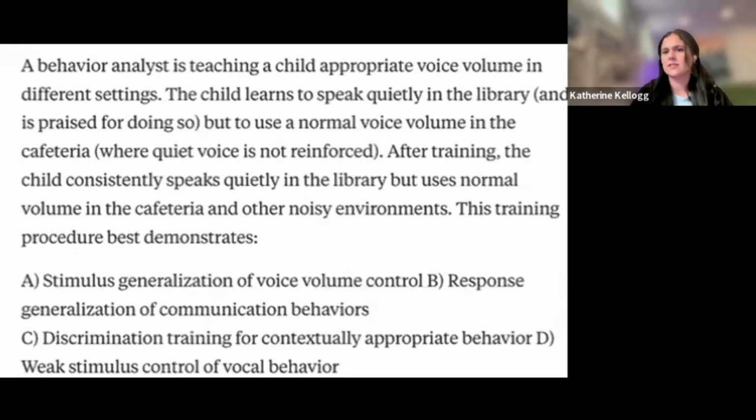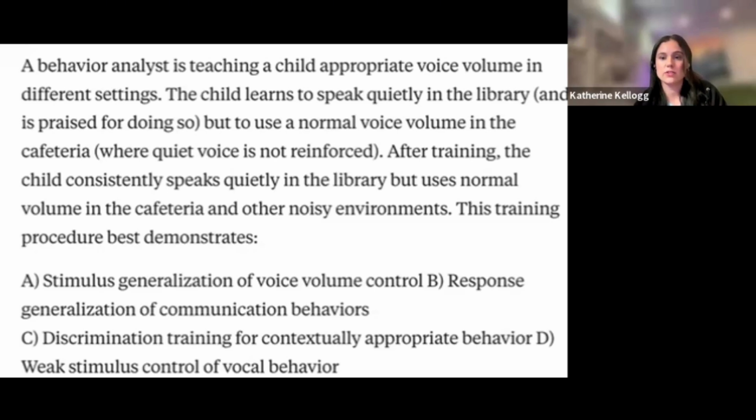A behavior analyst is teaching a child appropriate voice volume in different settings. The child learns to speak quietly in the library and is praised for doing so, but to use a normal voice volume in the cafeteria, where a quiet voice is not reinforced. After training, the child consistently speaks quietly in the library but uses normal volume in the cafeteria. This training best demonstrates what?